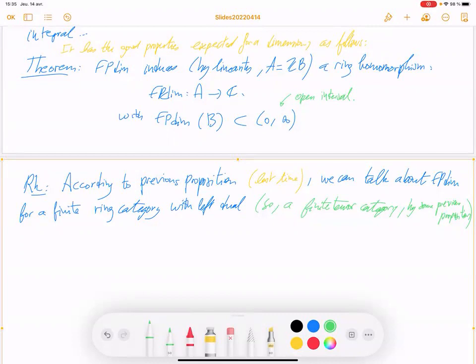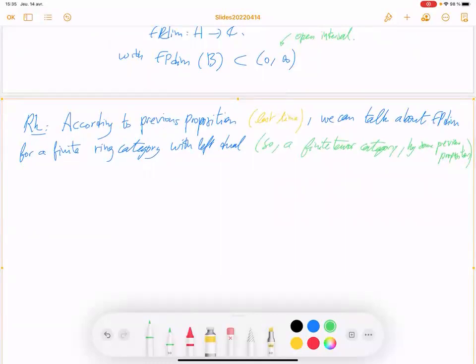Okay. So we have this notion of Frobenius-Perron dimension given at the ring level that can go to the category level. So this is a very, very important tool. And in fact, it works, as you can expect, for the usual example.